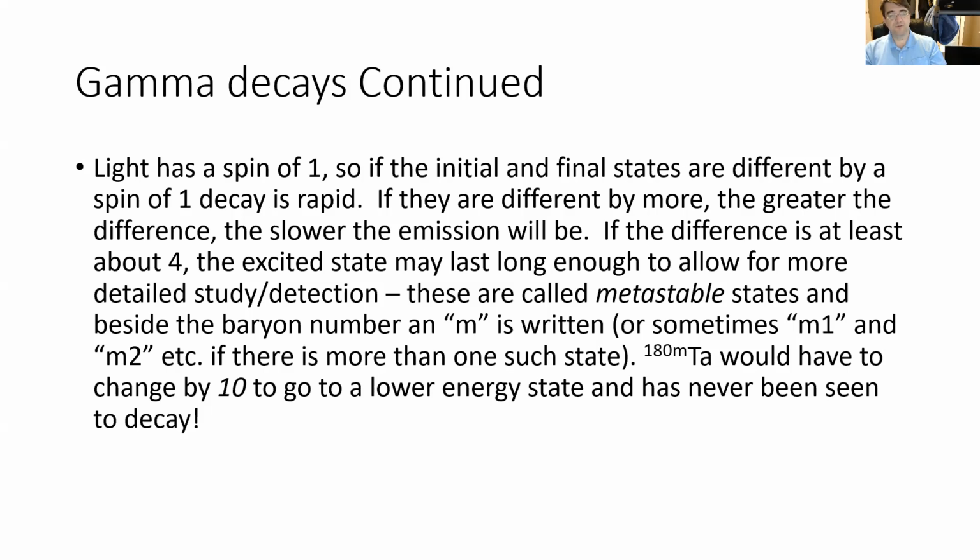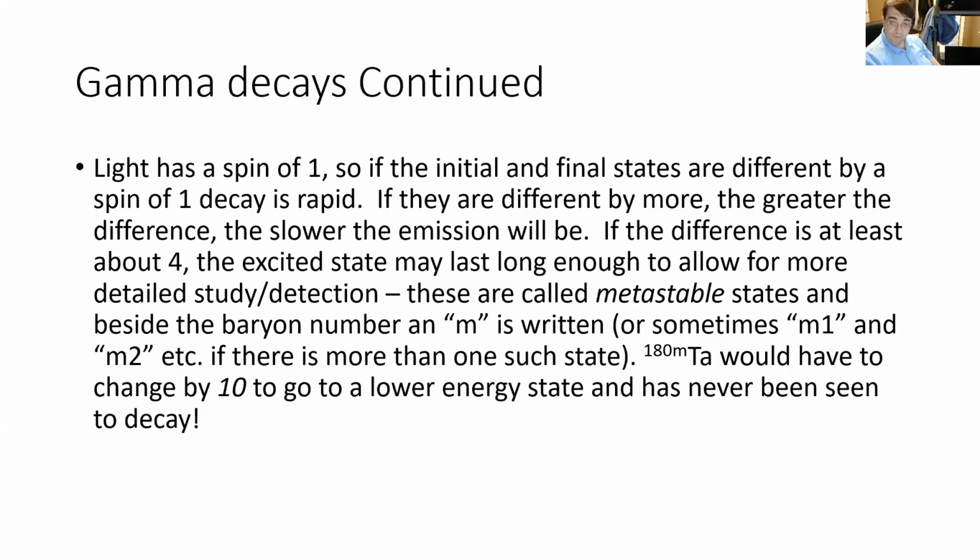If the difference is 4-ish or more, the excited state, if there's not an intermediate one where they can go to as well. If all of those are the case, the excited state may last for a while, and we end up calling states that last for a while, although they're not the lowest possible energy state for that baryon number and nuclear charge, metastable states, and so you end up putting an M beside the baryon number.